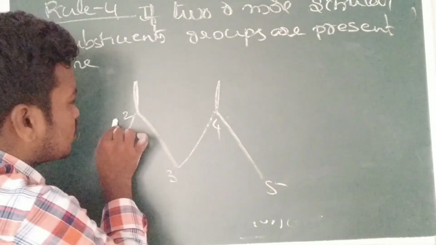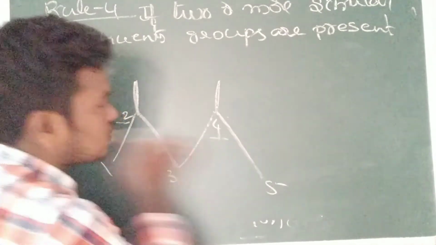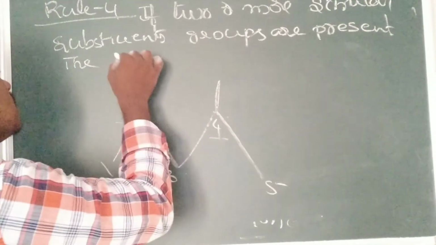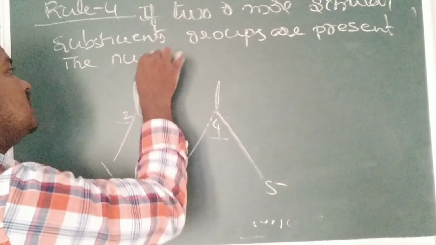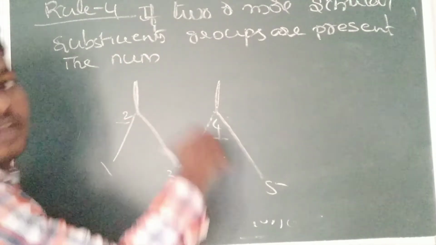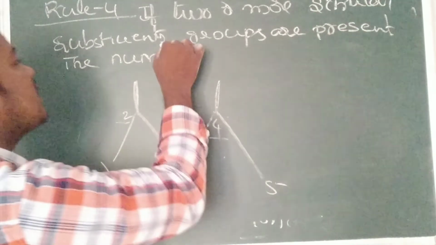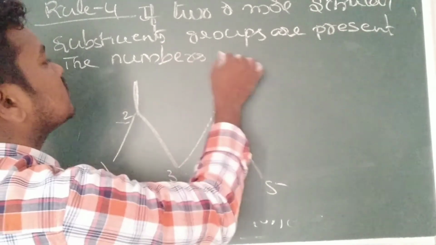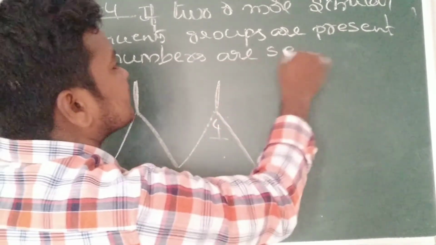Whatever the number, second position, one methyl group. Fourth position, one methyl group is there. So these numbers, second number, fourth number, you can call the position numbers. The numbers are separated.